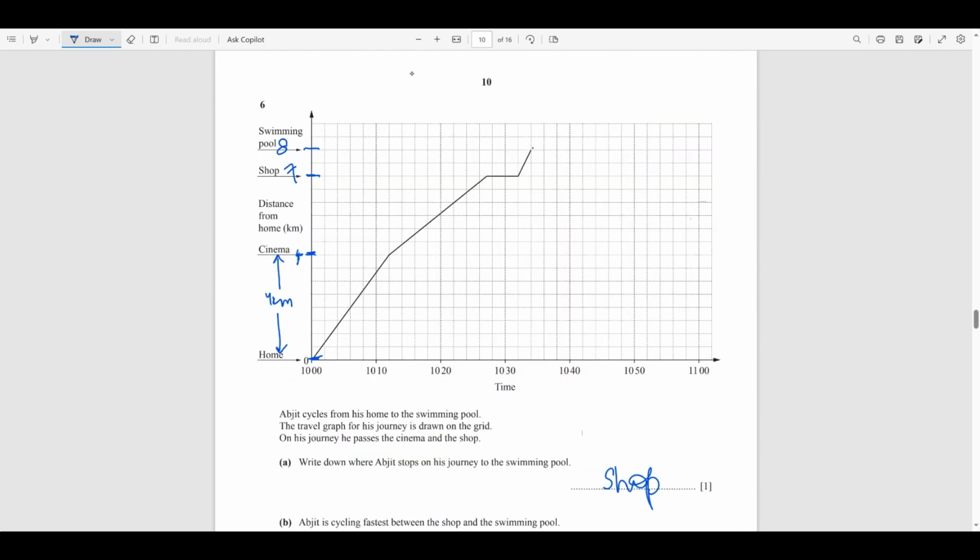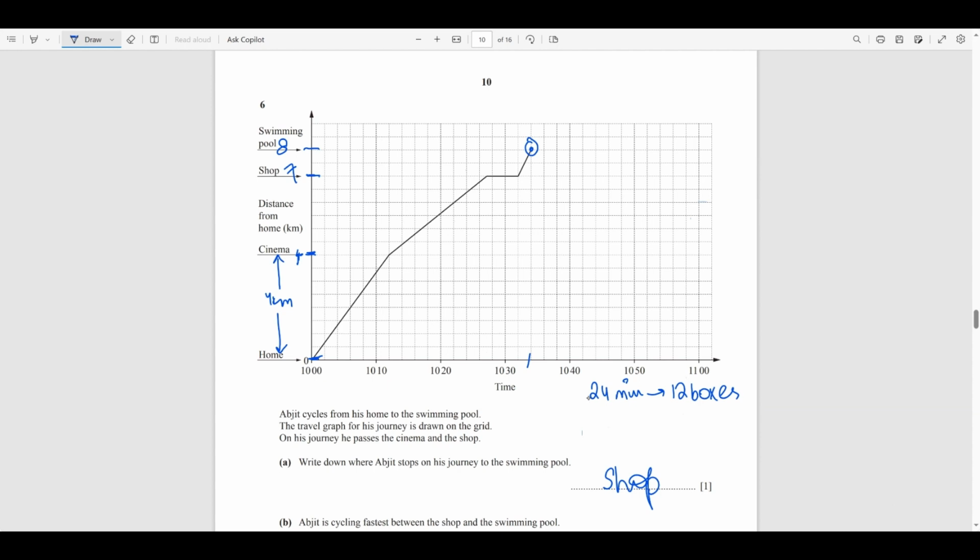So, which means he started from here, and he takes 24 minutes. We know that one box is 2 minutes, so 24 minutes is actually going to be 12 boxes. So starting from here, this is my starting point, and then I have to go for 12 boxes.